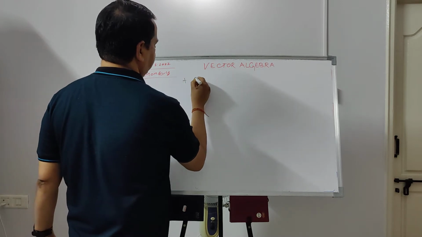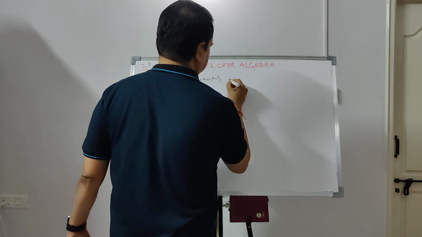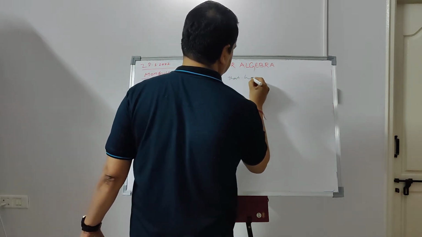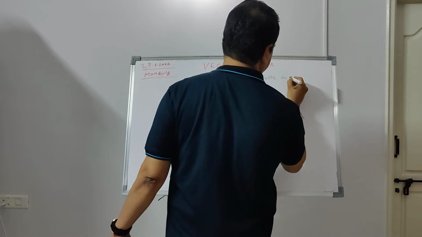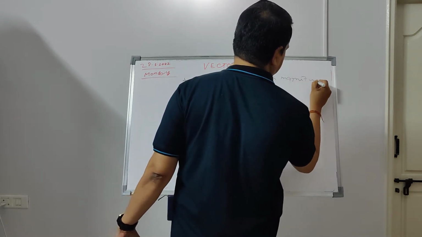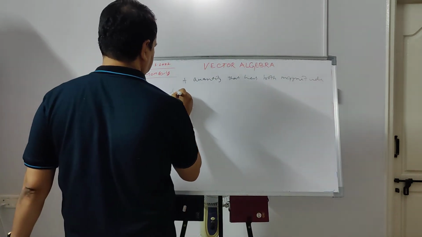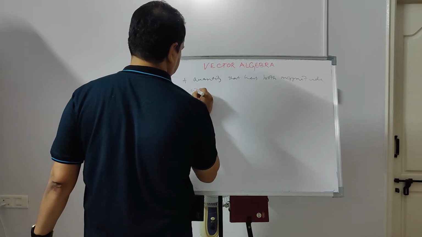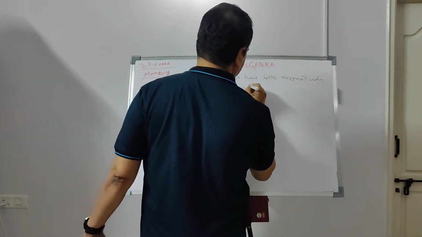A quantity that has both magnitude and direction is called a vector.